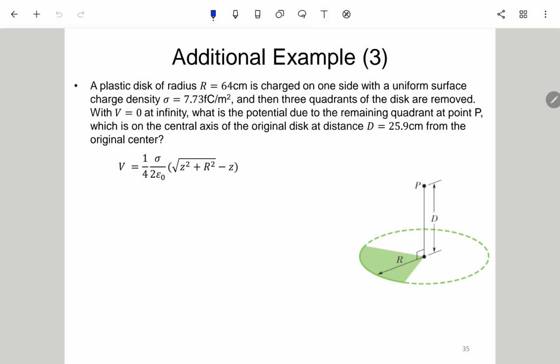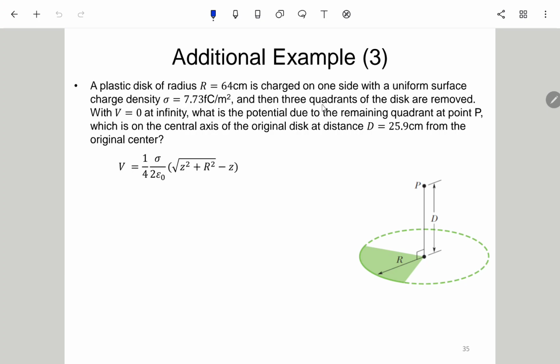Okay, so this is the final additional example. Here it says a plastic disc of radius r is charged on one side with uniform surface charge density sigma.